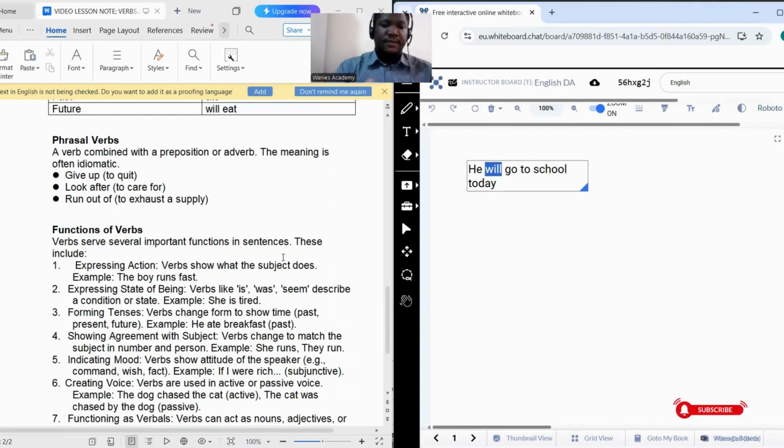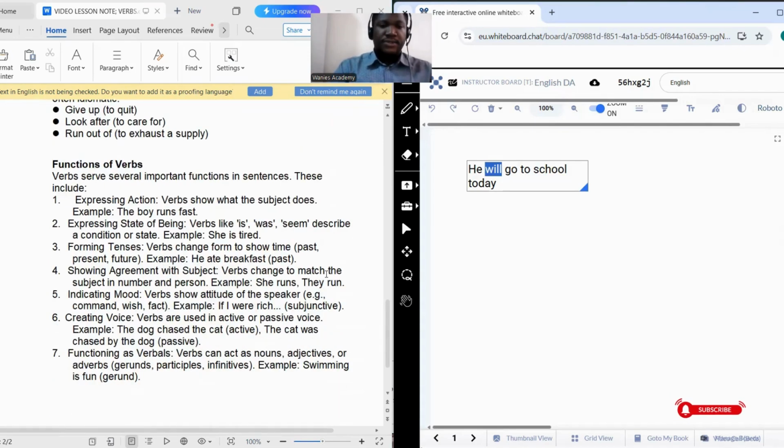Just like I said before, verbs conjugate for past, present, and future tenses. For example, he eats breakfast, present. He has eaten, past. He will eat his breakfast, future. Those are verbs that conjugate, that change form, or move from one form to the other to show their tense being changed.